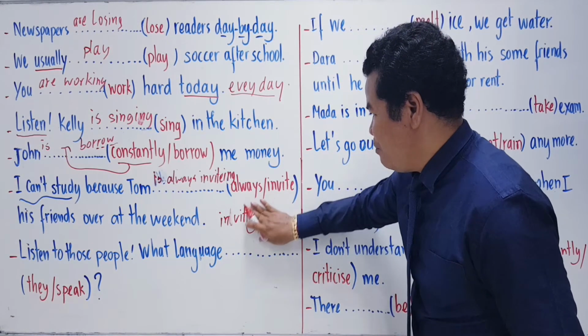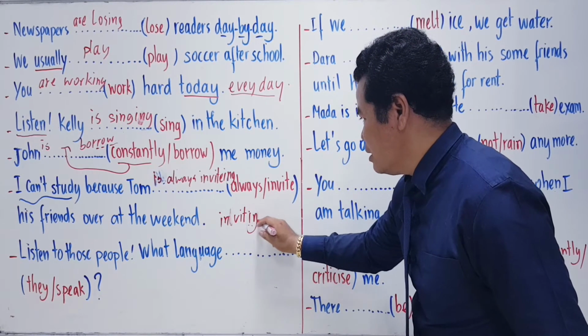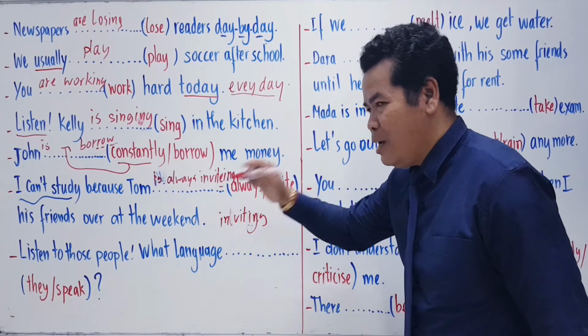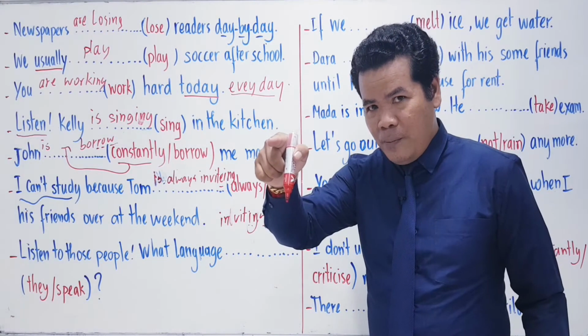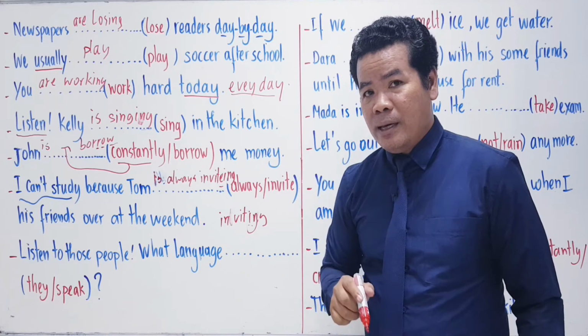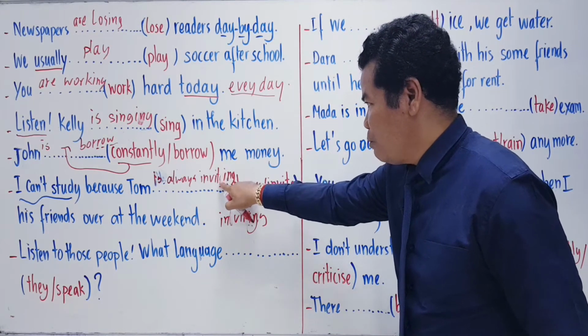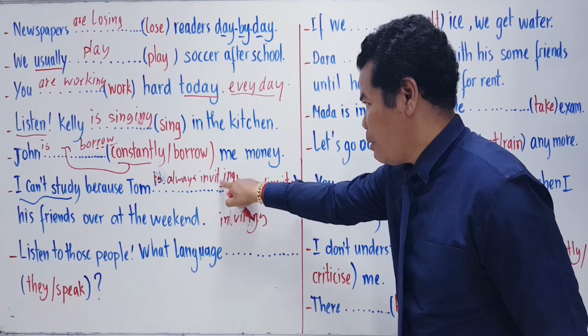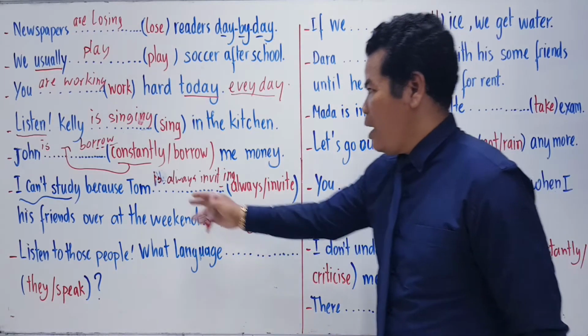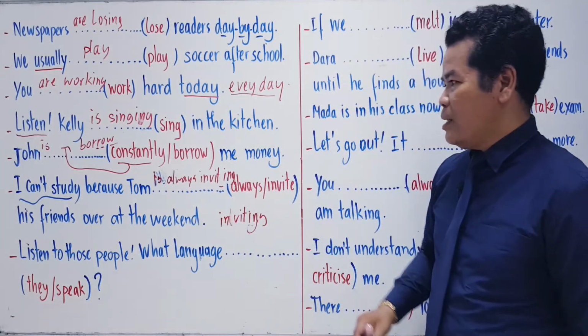So what would you have? Inviting. What you are writing here, they can understand, but it is wrong for spelling. You understand what I mean? So you cannot do this. We have to drop the E and then add ing. So we have: is always inviting.